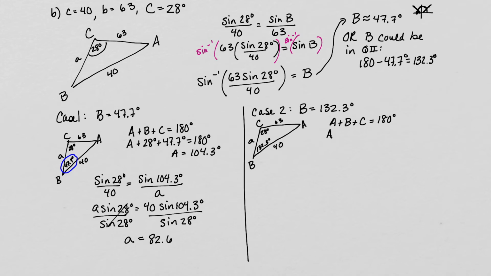So capital A plus 132.3 degrees plus 28 degrees equals 180 degrees. And again, if you solve for capital A, you end up with 19.7 degrees.